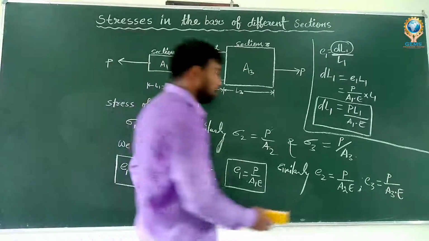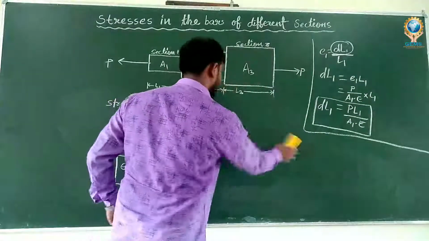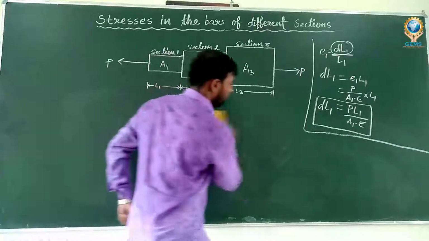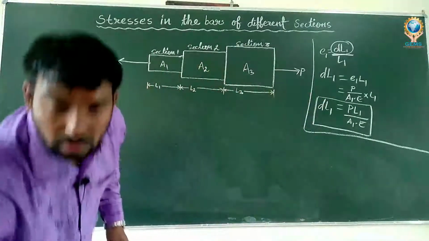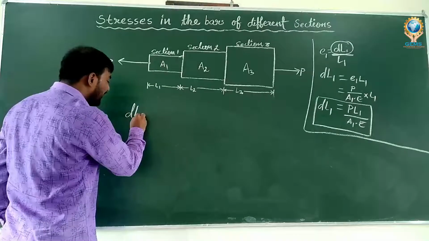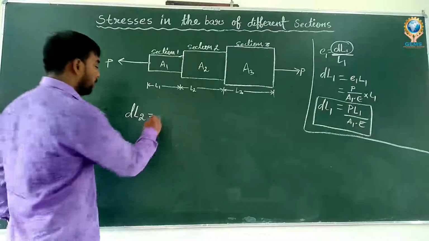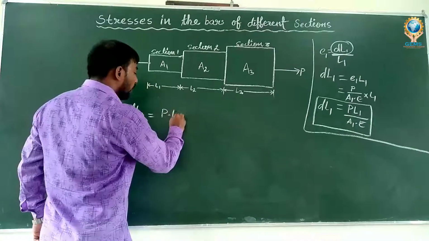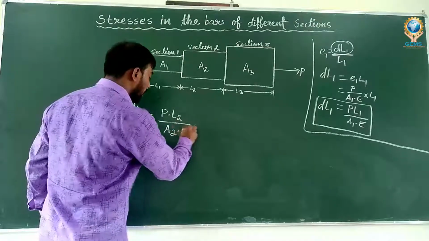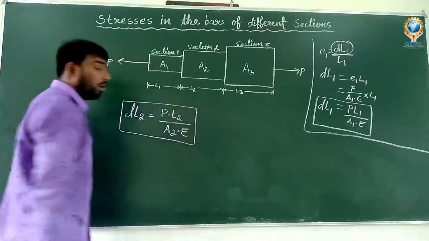Now similarly we find the extension or change in length of the second section, dL2, which will be P into L2 divided by A2 into E. This is for the second section.